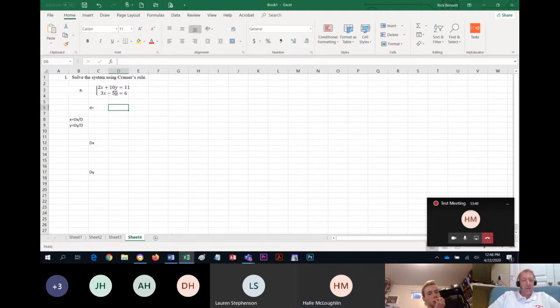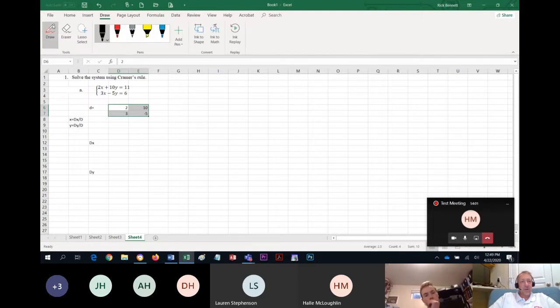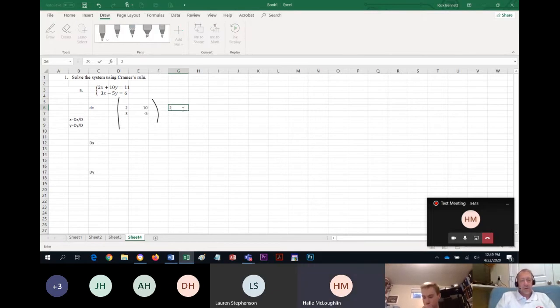So d is just going to be the coefficients right here. So that's going to be 2, 3, and 10, -5. If I were to draw this as a matrix, I would draw those in lines, and I'm just going to find the determinant, which is going to be 2 times -5 minus 3 times 10.